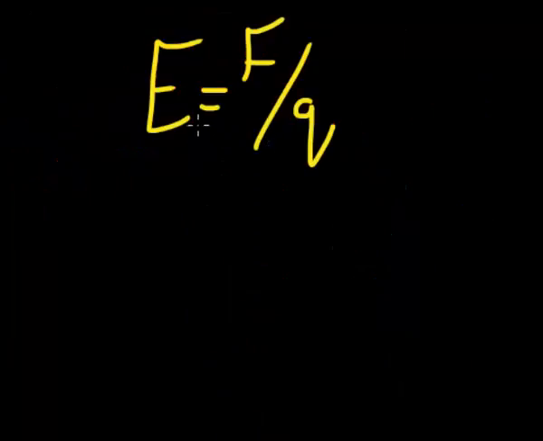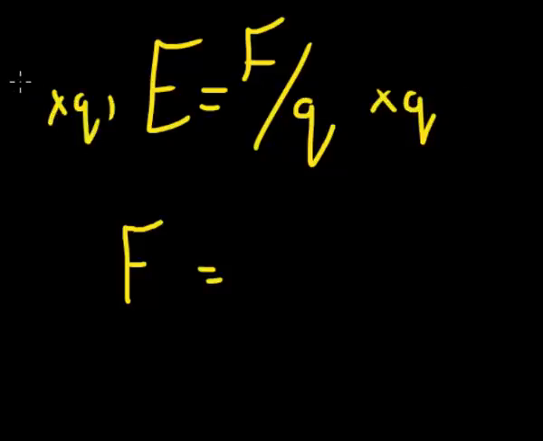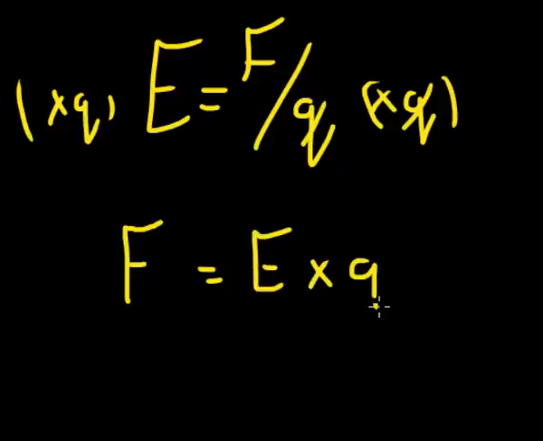So our formula starts off by saying that electric field is equal to force divided by charge. If I want the force alone on the one side, then I'll multiply by the charge on this side, and that means I'll need to do the same on the other side as well. Once I've done that, my formula now changes to force equal to electric field times the charge.